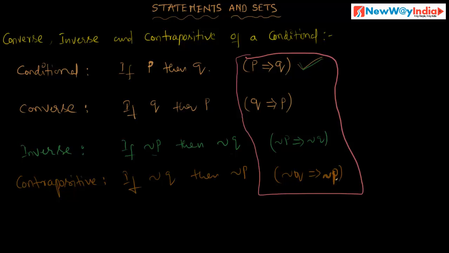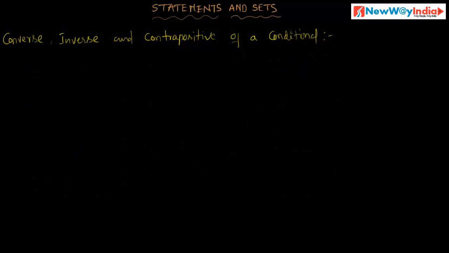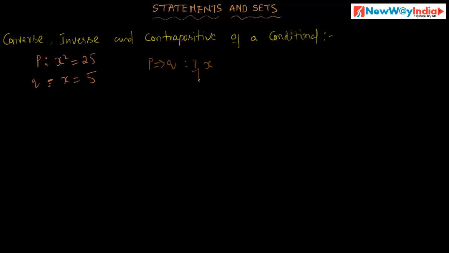So let us consider an example. What is the conditional here? Consider two statements: P is x square is equal to 25, and the statement Q is x is equal to 5. Then the conditional P implies Q is: if x square is equal to 25, then x is equal to 5.